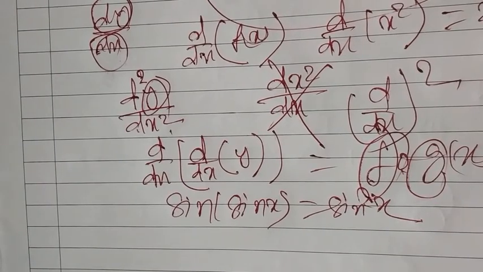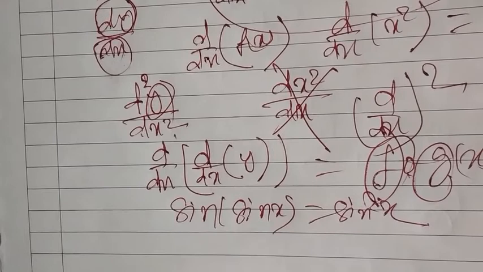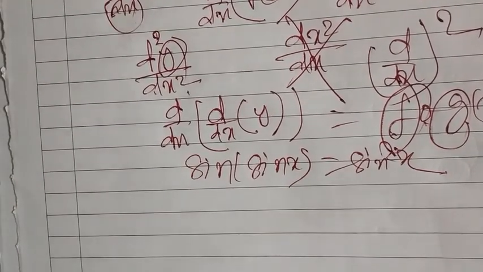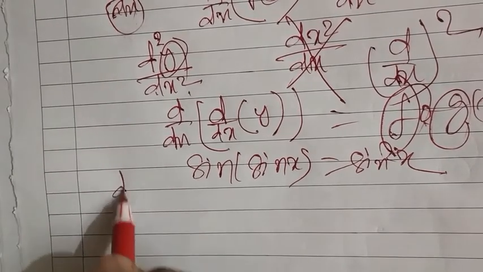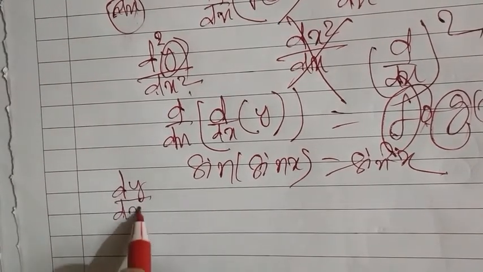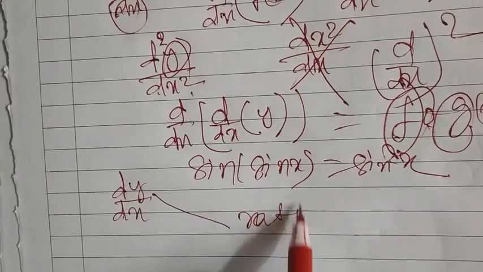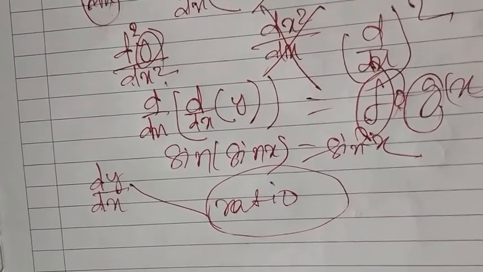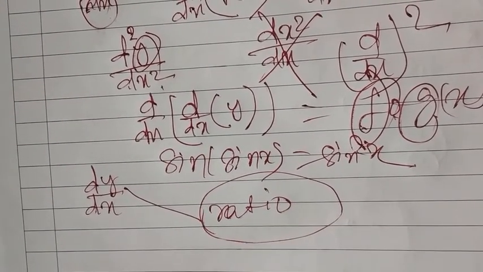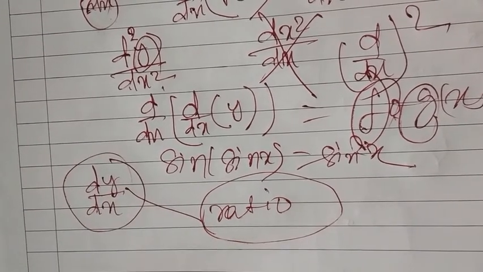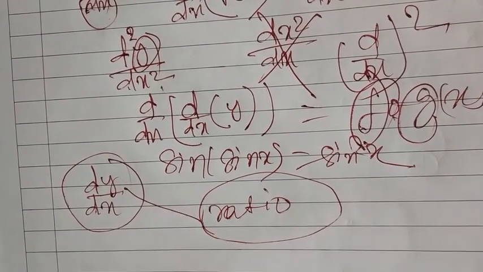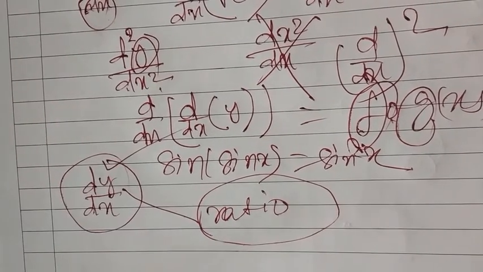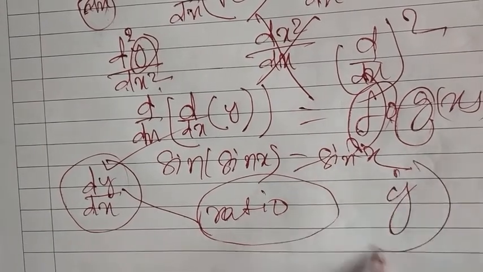Okay, getting the analysis? But what is the benefit of Leibniz notation? The benefit of Leibniz notation is that I can use dy by dx as a ratio. This is the greatest benefit of Leibniz notation, for which we are using it universally, worldwide. We are never using y dot now.